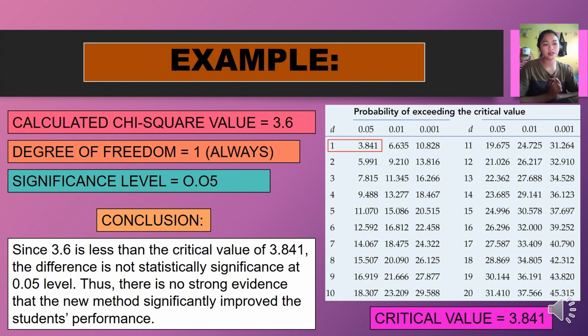It means 3.6 is smaller than the critical value of 3.841, so the null hypothesis is confirmed. There is no significant difference or change between the old and new method in improving the students' performance. It means there is no difference between the two. This is our conclusion for this example.